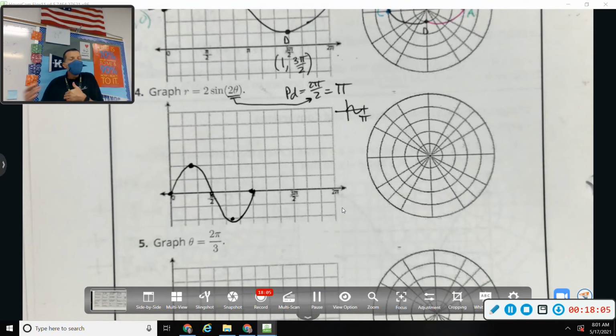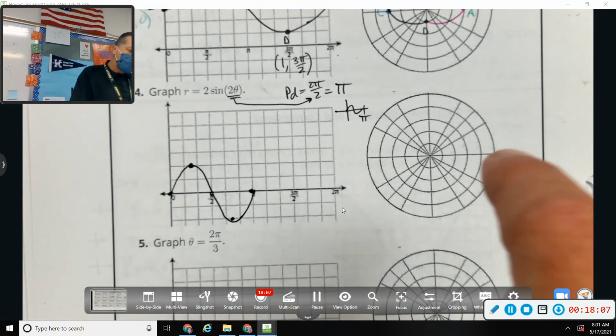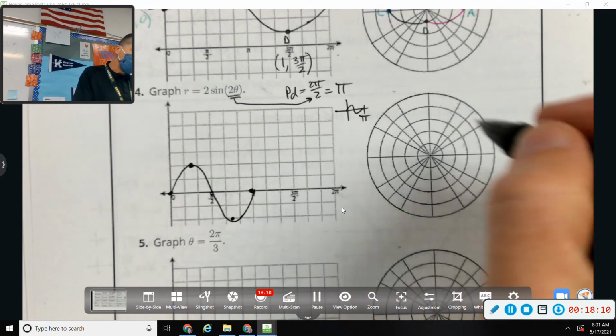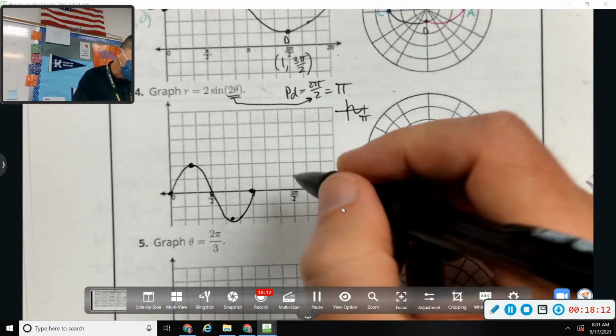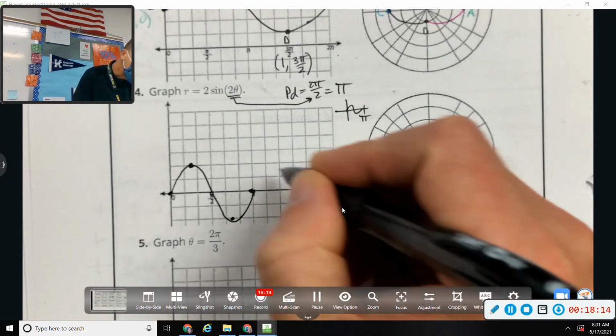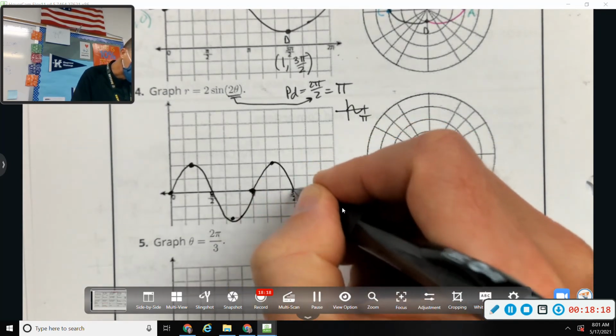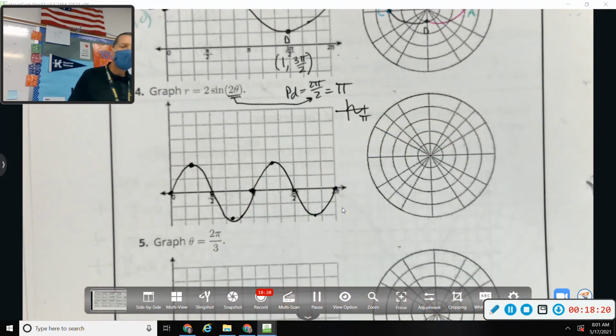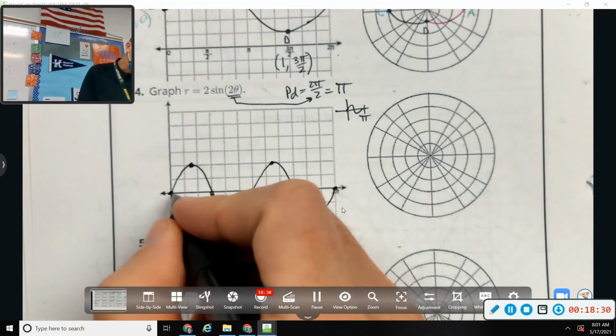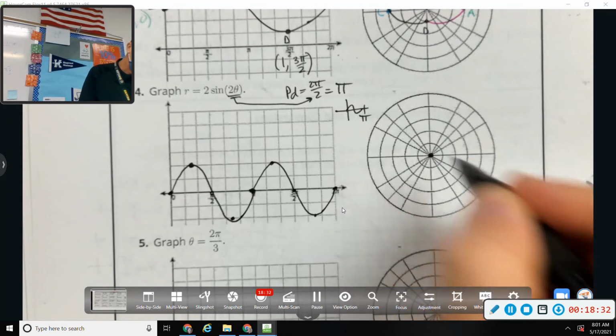But I need to graph it to 2 pi because on my r theta graph, I got to go all the way around to 2 pi. So I need to go ahead and extend this to get it to 2 pi. Now, once you've graphed it once, hopefully extending it isn't really that hard. All right, so 0, 0 is a point.